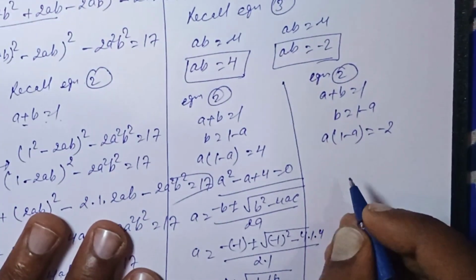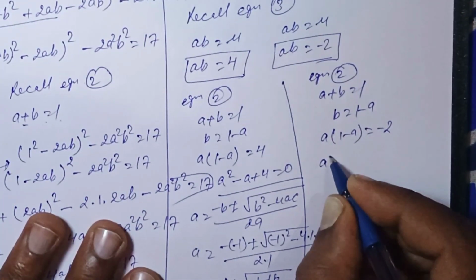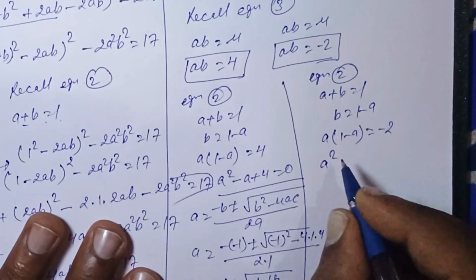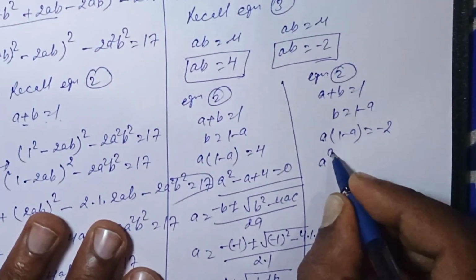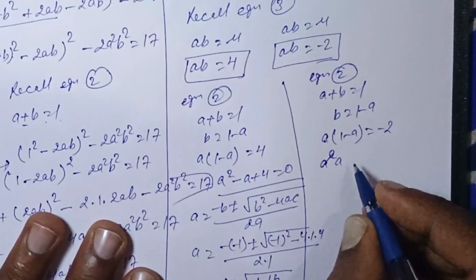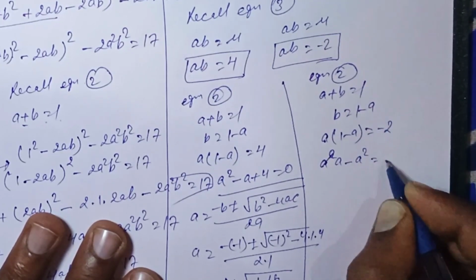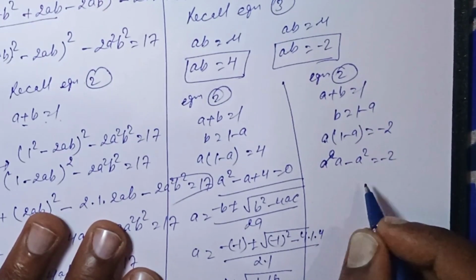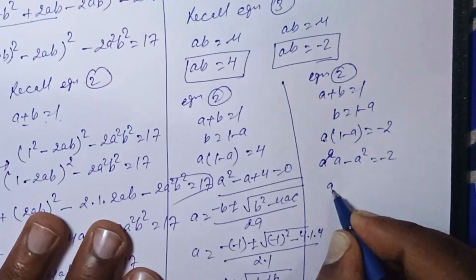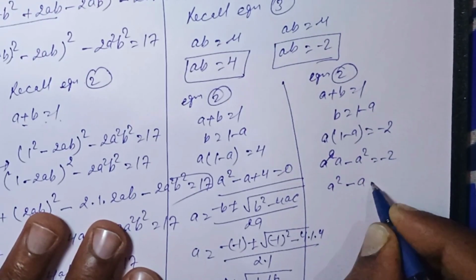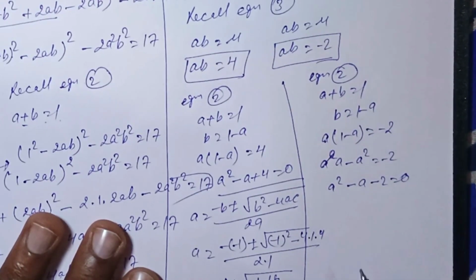After next step, a into 1, a minus a square is equal to minus 2. Therefore a square minus a minus 2 is equal to 0.